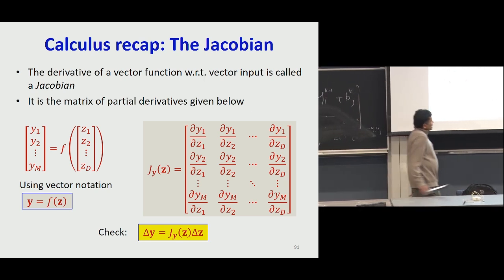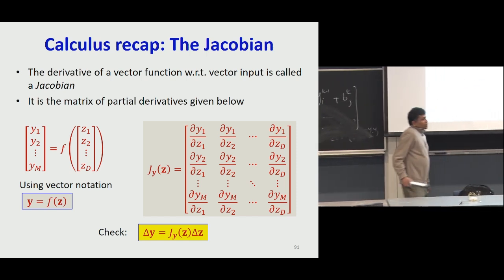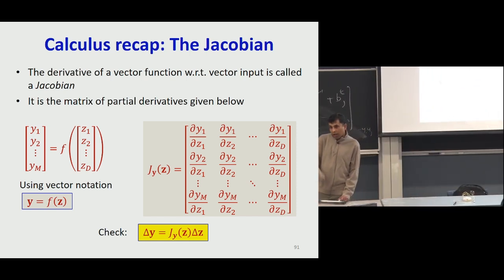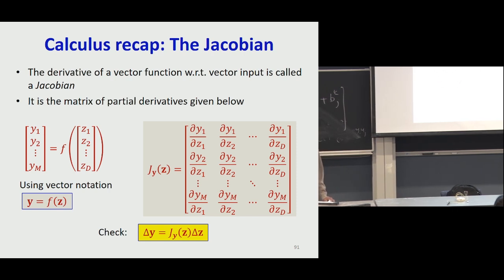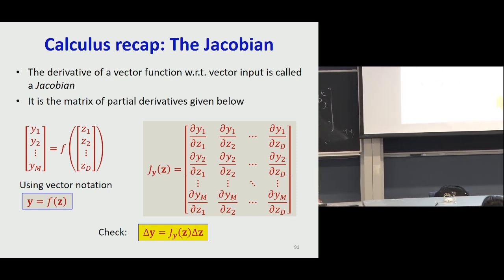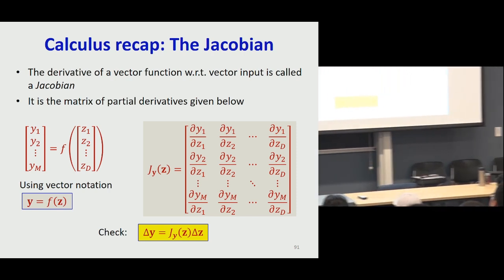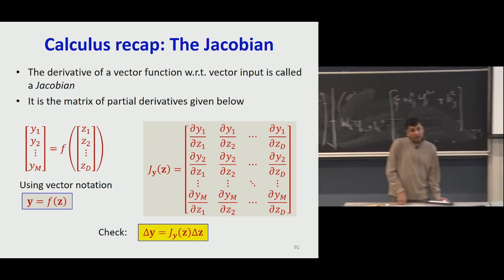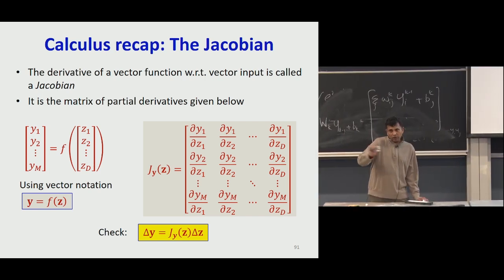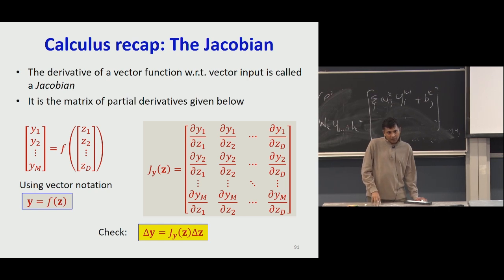So if you look at this guy now, look at the equation over there. y1 is a function of a vector. It's a scalar, right? The first component y is a scalar. What is the derivative of the first component of y with respect to z? It's a row vector, right? So I can basically stack up the derivatives of each of my y's, and that's going to give me my Jacobian.